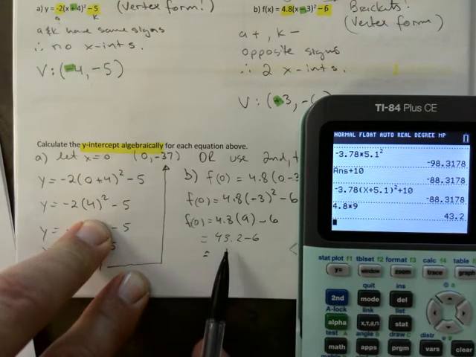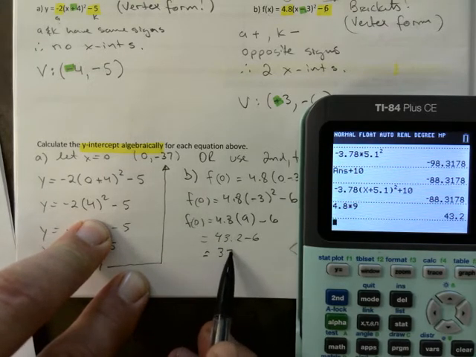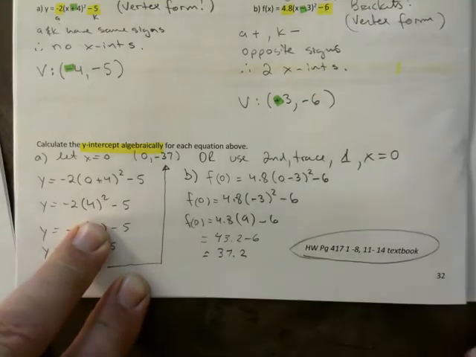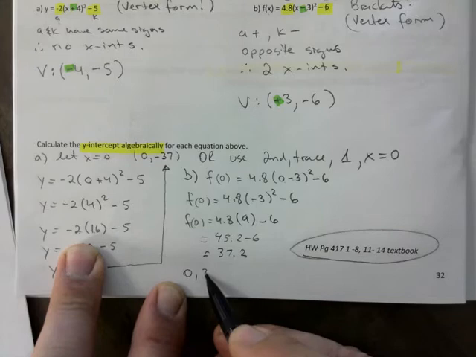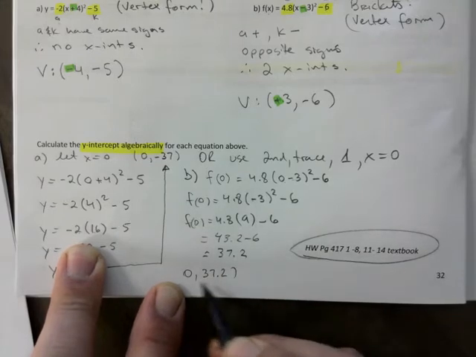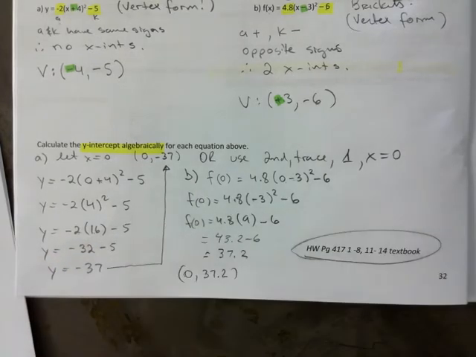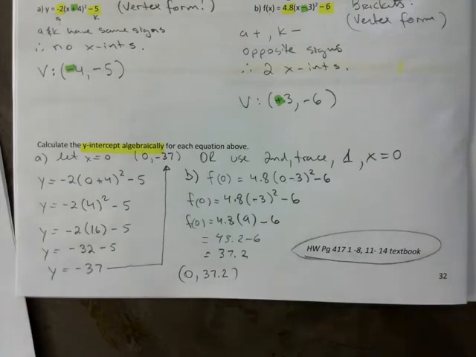So minus 6, that's 37.2. So what you just found is (0, 37.2). Very similar to the other one, except it's positive and it's 37.2.